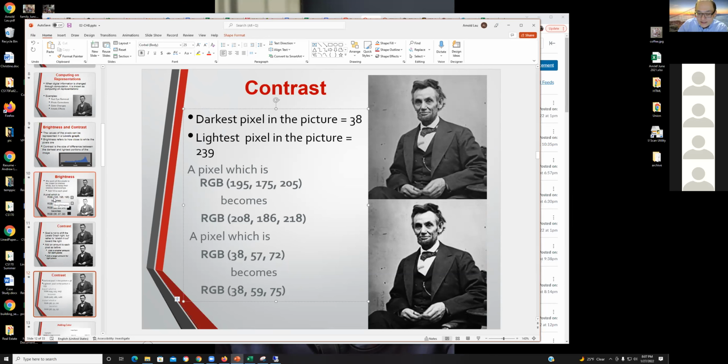Let's say the value between the lightest pixel and the darkest pixel, in this case, is 239 to 38. When you're playing around with the contrast, that can go up or down, like 239 minus 38. Maybe it goes bigger or smaller, right? Whereas if you're doing the brightness, it would be the same across the board, okay?